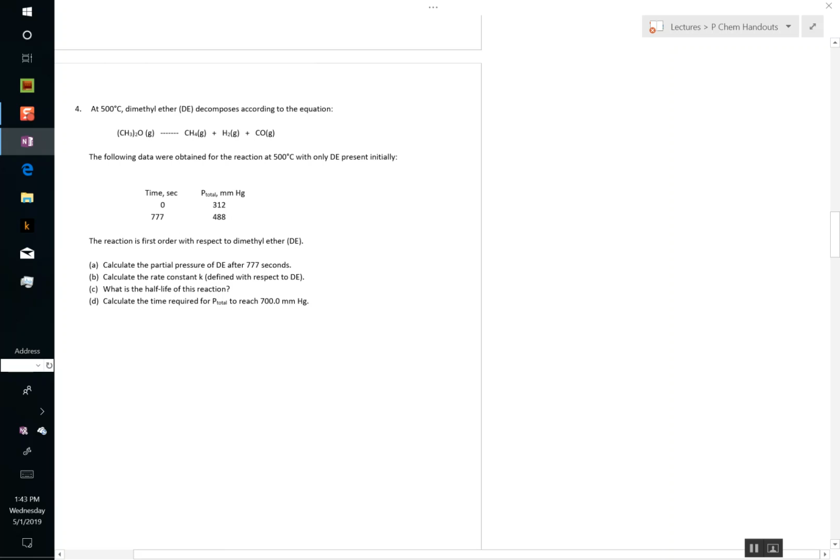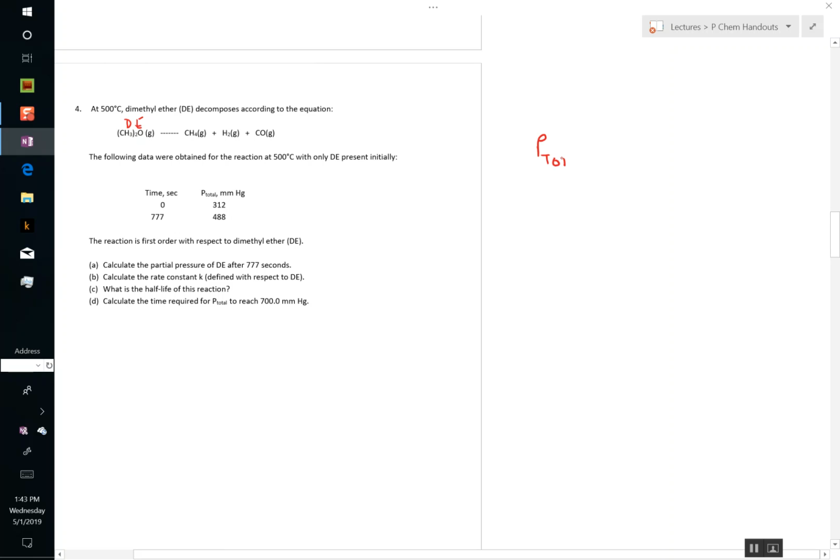Let's read it. At 500 degrees C, dimethyl ether, designated now as DE, decomposes according to the equation. So here's your dimethyl ether to methane, hydrogen, and carbon monoxide. The following data were obtained. So not a lot of data there, a little bit of data. So let's set up a little table here.